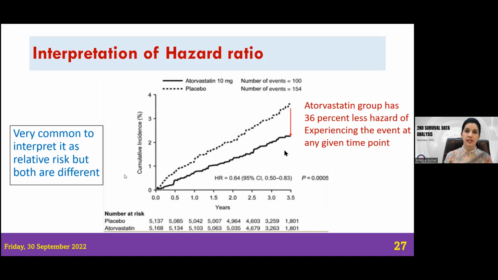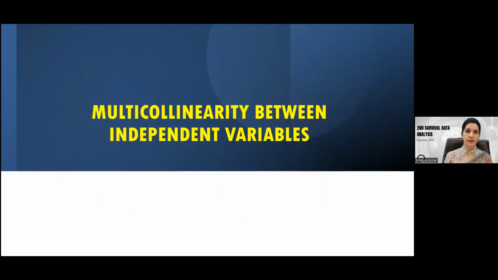And we have seen that we do HR minus 1, so 0.64 minus 1, which is this 36%. But again, it comes with a negative sign. So we'll say that the atorvastatin group has a 36% less chance of experiencing hazard at any given point of time. So this was the proportional hazard.